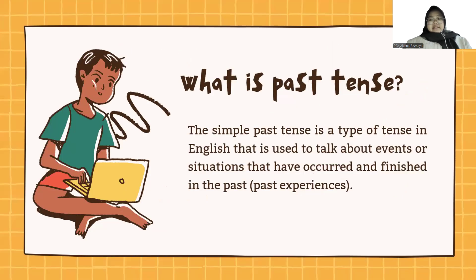So, what is past tense actually? Past tense is the type of tense used to talk about past events or situations that happened in the past, which no longer happen now, which is a past experience.